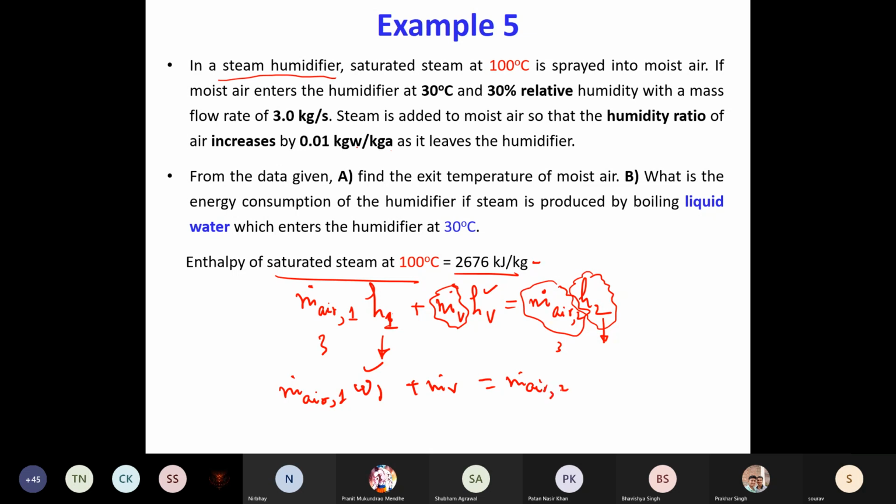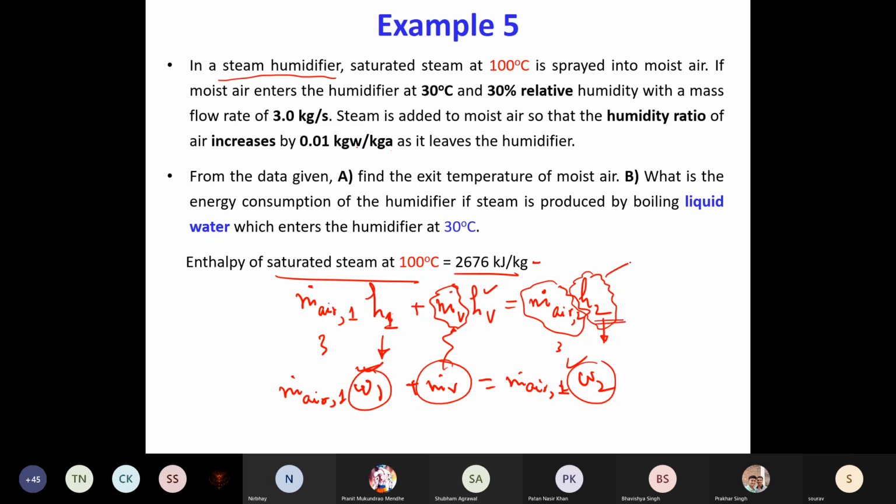Anyway, 1 and 2 are same, so I can still write 1 to omega 2. So omega 2 is 0.01 higher than omega 1. So this is known, this is known. You obtain m dot v. Okay, substitute over here. You will get the enthalpy H2.